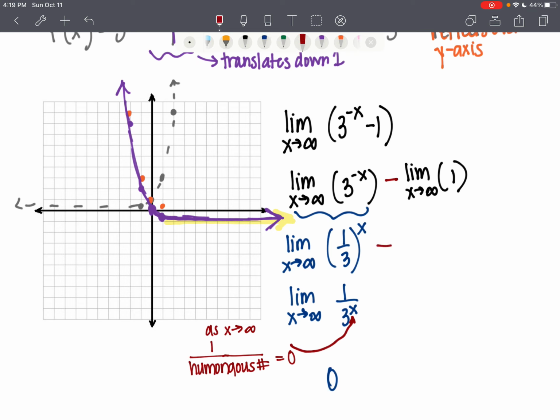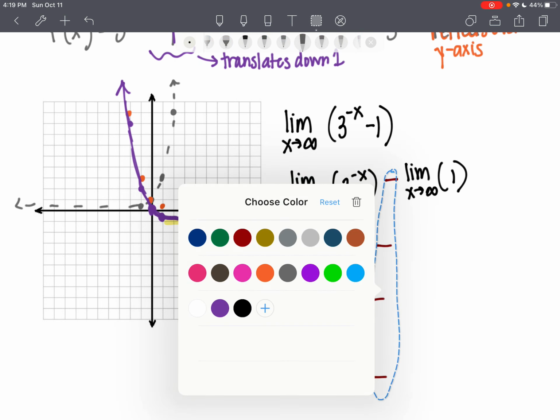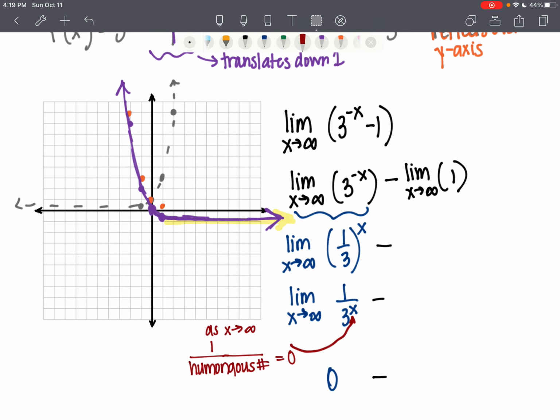And then I've got that minus, don't forget the minus. Let's just make it black like the rest of it. Now I'm going to say, let me use this pretty color, pink.